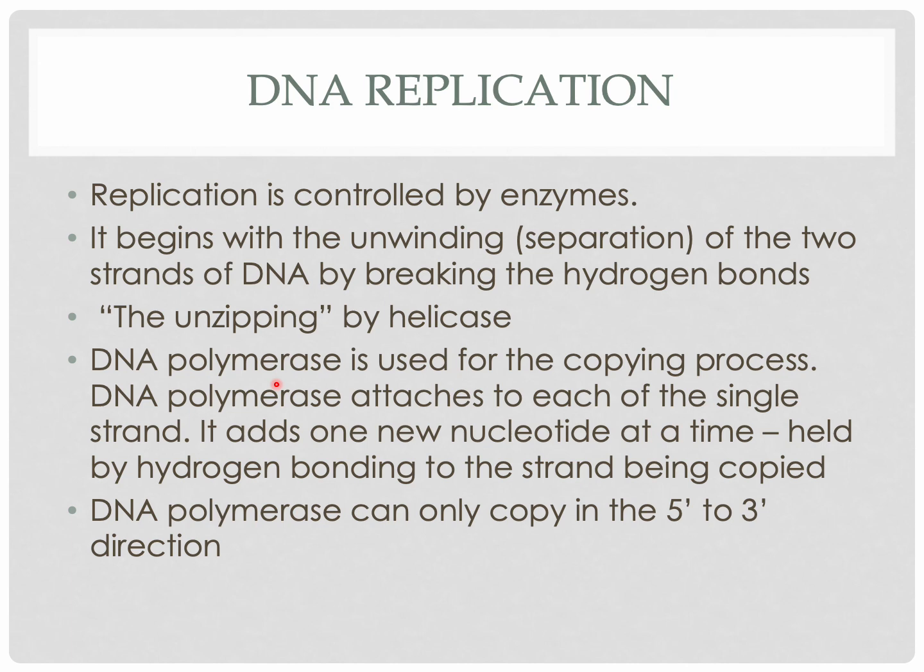The DNA polymerase is going to attach to each of the single strands. It allows for a new nucleotide to attach one at a time, held by a hydrogen bond. The DNA polymerase can only copy from a 5' to a 3' direction.